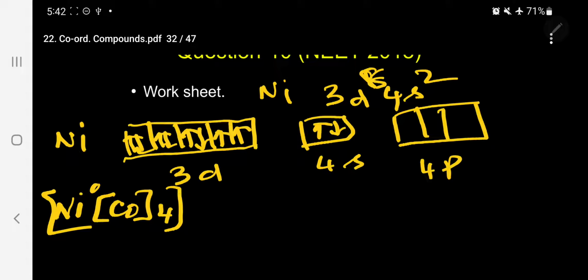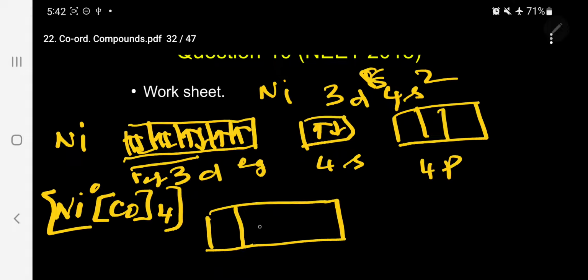I have already explained two ways. One is this conventional method. I asked you to consider this is t2g3, this is eg2. So what will happen now, when it is in the form of a complex, this will become like this. Kindly follow.